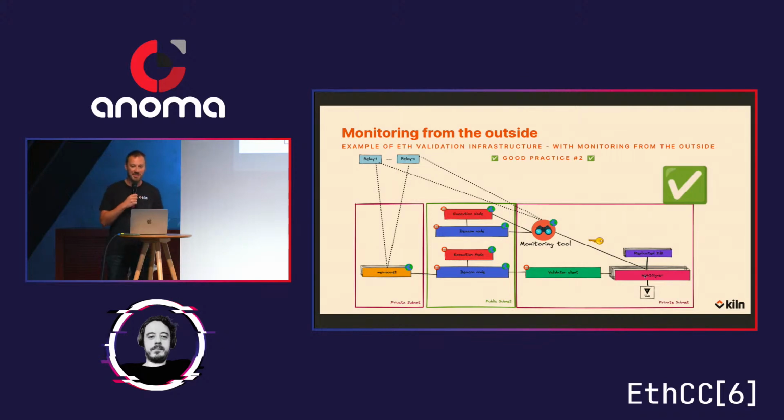So your Web3 signer is your source of truth about what keys you should monitor. It's also possible. At Kiln, we developed internally a monitoring tool, which is called Ethereum Validator Watcher, and we open sourced it a few weeks ago. And so I will talk about it right now.